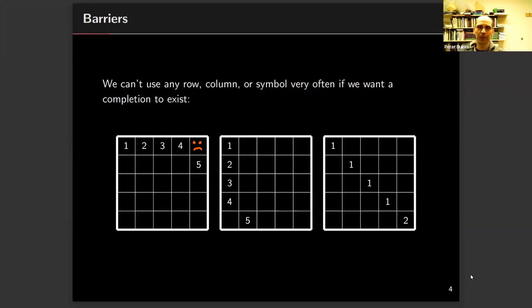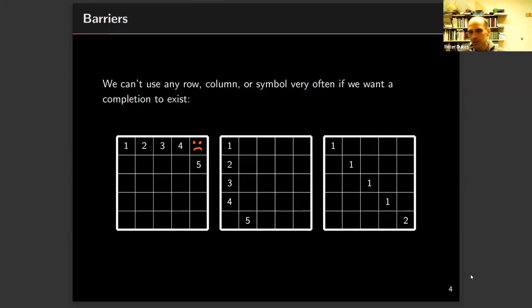So that's no good. We can't complete that, of course. Basically, the transpose of this is shown in the middle. And then another variant of this where the roles of symbol and row or column have been switched, where the first symbol has been used way too often, except we're not allowed to put it where we need.